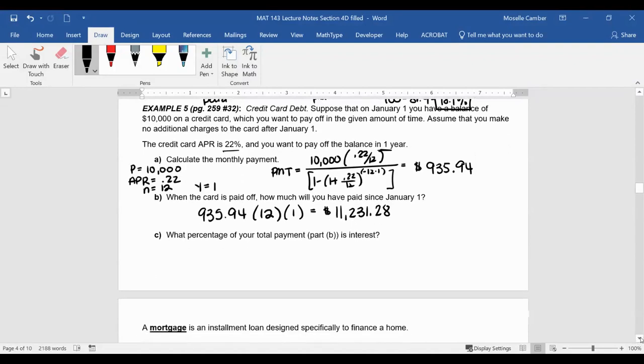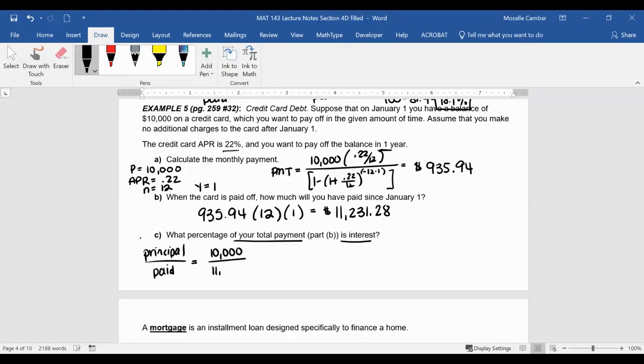Okay, so now what percentage of your payment is interest? So we could either figure out the interest or the principal because they're related. Let's figure out the principal first. So what percent is principal of the total paid? Our principal is $10,000.